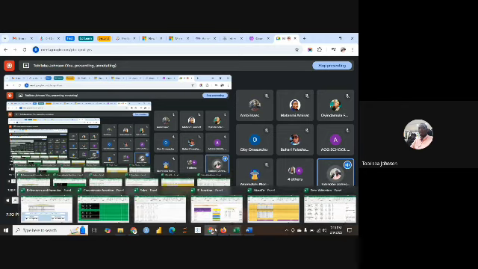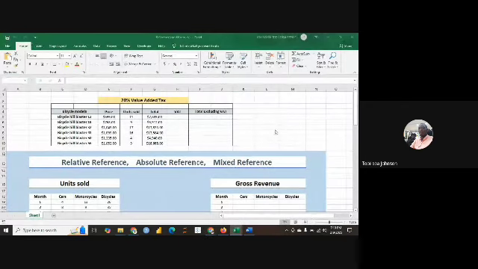In the last class, you looked at some formulas in Excel. For us to go further, writing formulas in Excel without looking at the types of reference in Excel would not do justice to your formula writing skill.